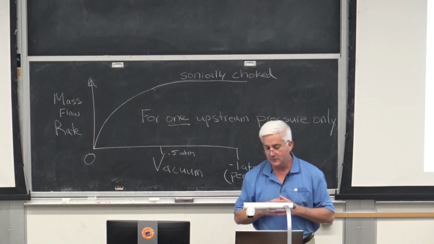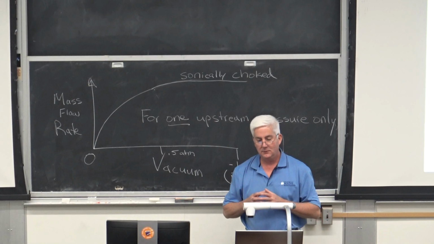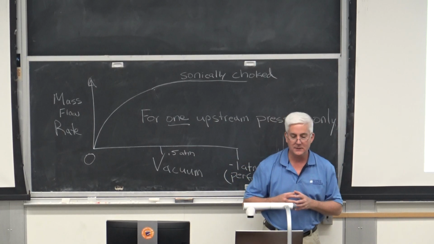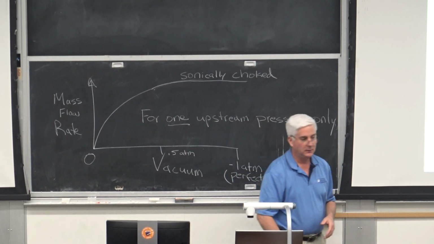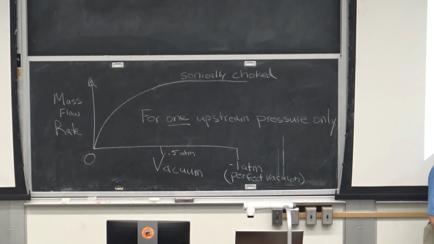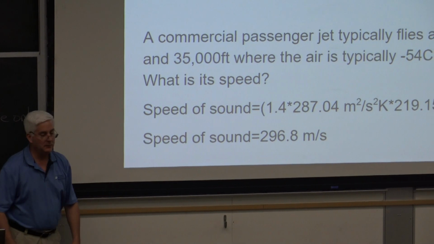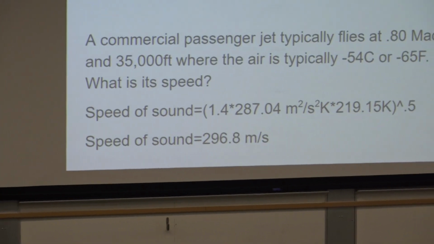35,000 feet where the air is minus 54 C or 65 F below. What's the speed of sound at that temperature? Okay? Shake and bake the numbers. 296.8 meters a second.